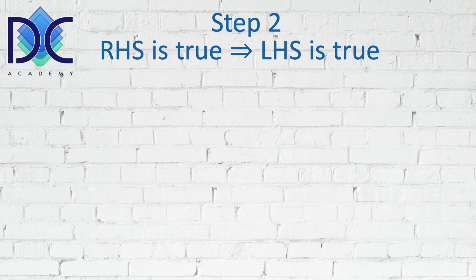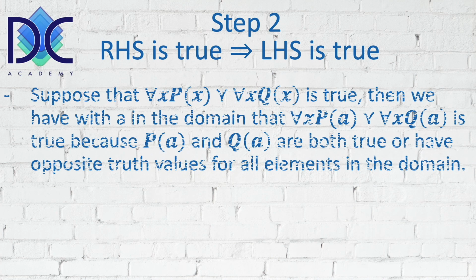Now we're looking at the second step. Now we're going from the right-hand side to the left-hand side. Now we say that we have for all x, p(x) or for all x, q(x), and when it's true, we have a value a in that domain, and we know that the disjunction for all x, p(a) or for all x, q(a) is true, because p(a) and q(a) are both true or have opposite truth values for all the elements in the domain.